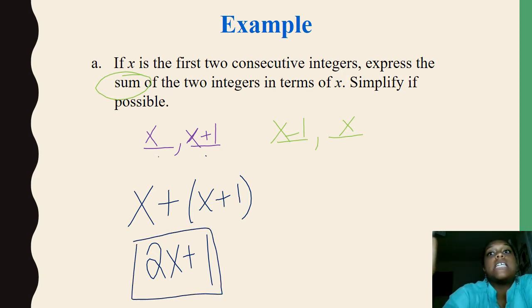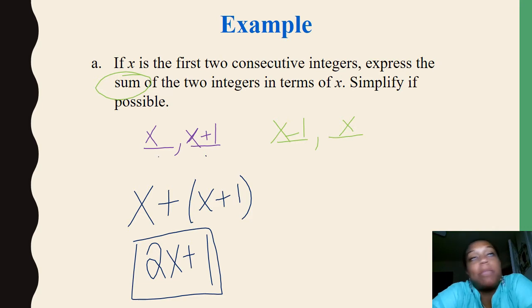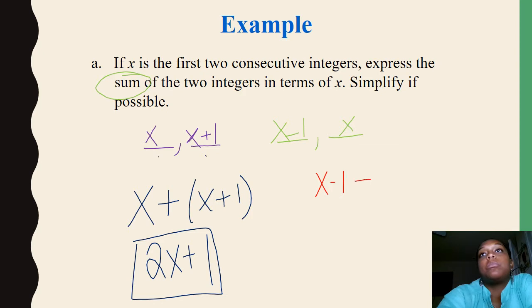Now notice if I do the other end where my two consecutive numbers, I start with my big number and then I work my way to my smaller number, I'm going to end up a little different. So I would have x minus 1 plus x. Combine my like terms, so x and x would make 2x minus 1.